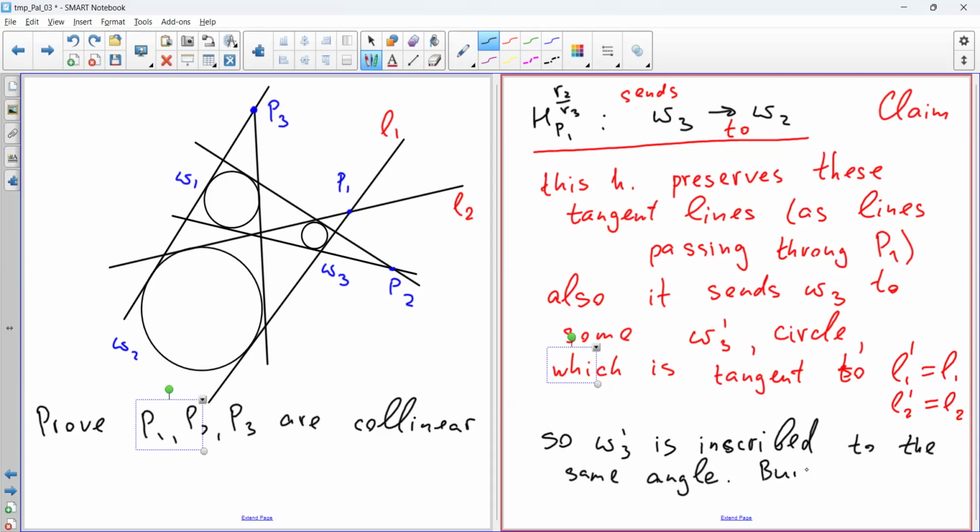But also it has radius R2 over R3 times R3, which is just R2.